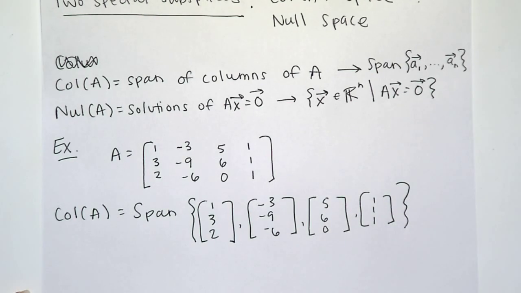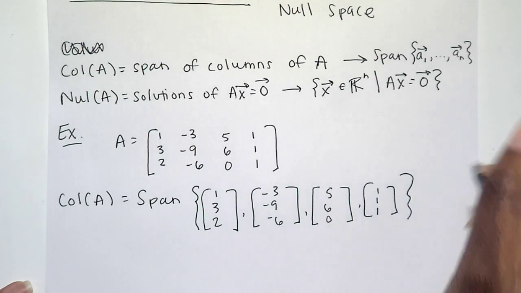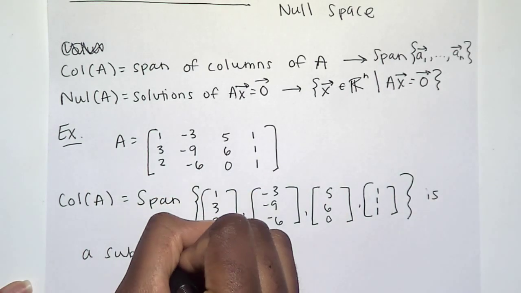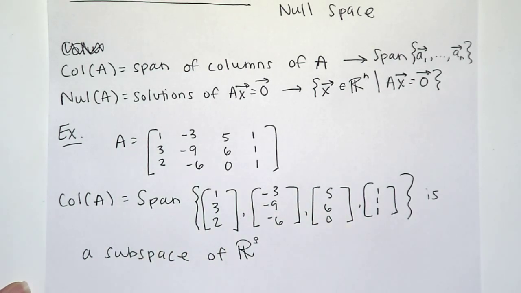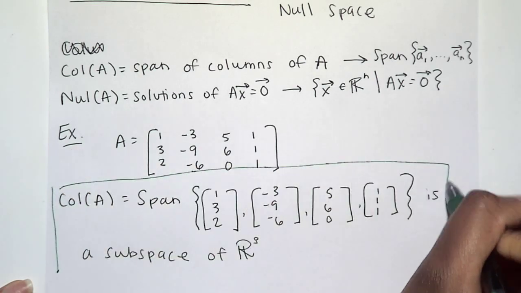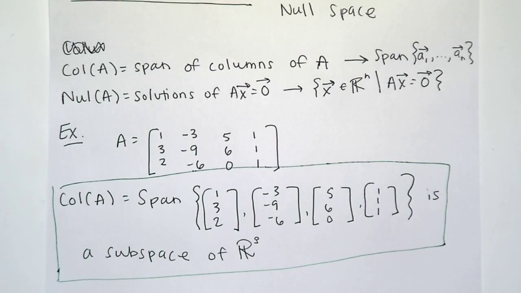Okay, so this is our column space. And the column space is always going to be a subspace of R3. Bam. First one, straightforward, good to go. This is our column space.